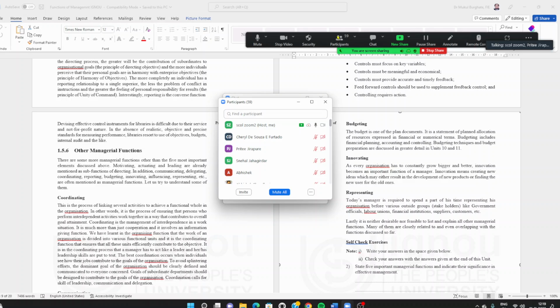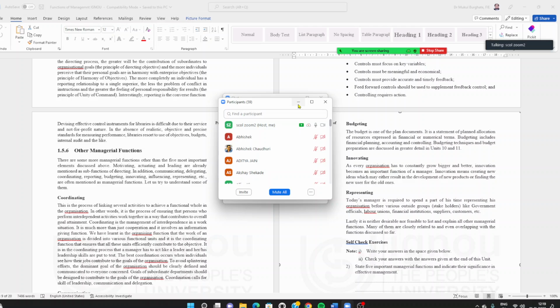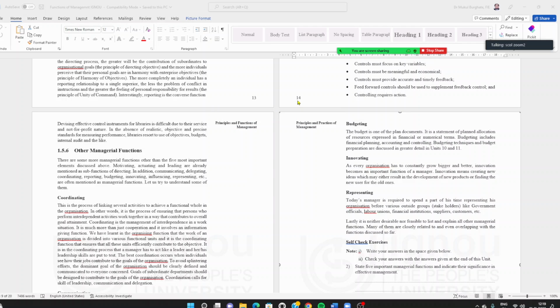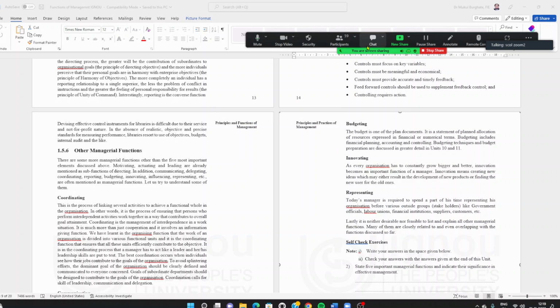Good, fine. So budgeting, as I said, forms a very important function because it has to do with finance, with money, with funds. And we know the importance of funds for an organization. Without funds, no organization can survive. To run any organization you require funds, no matter what sort of organization it is.